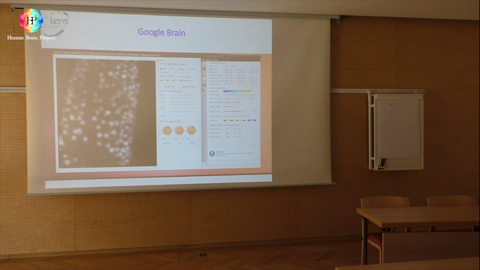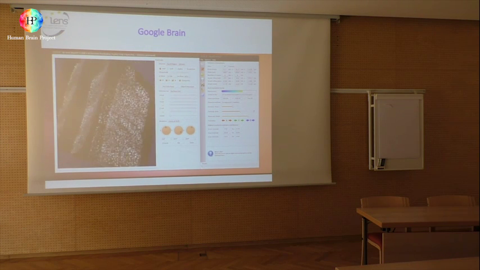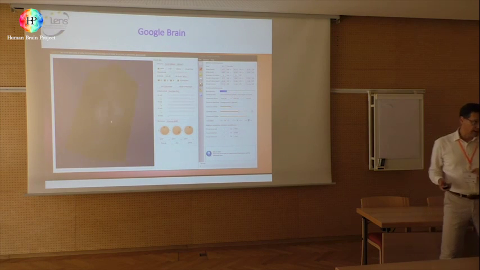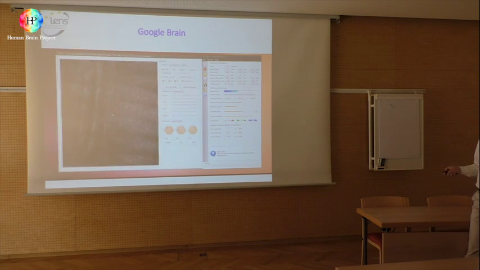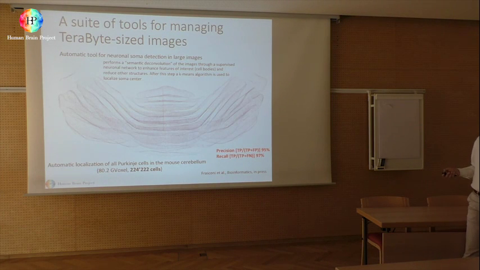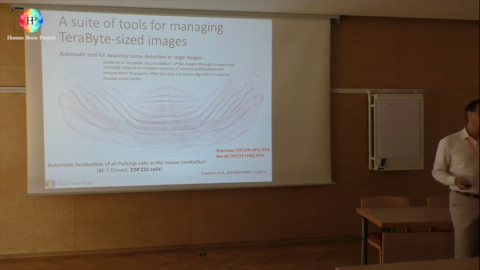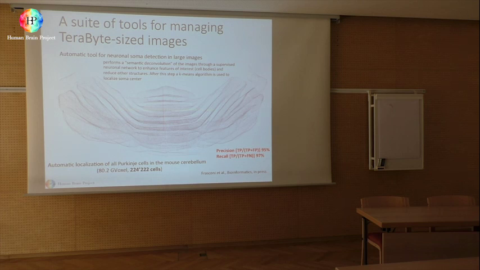And this can be accessed remotely by everyone, in Cineca in Bologna, for example. And we develop systems to count automatically the number of cells. So someone was asking me about Purkinje cells from Spain.